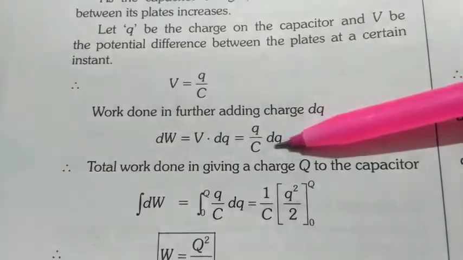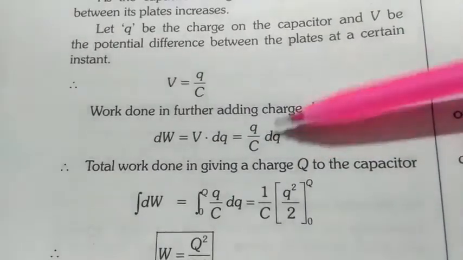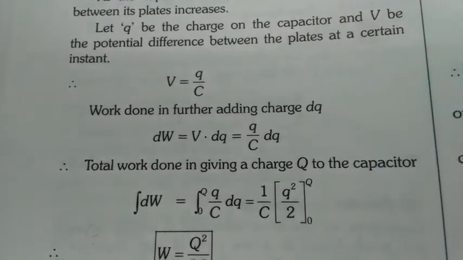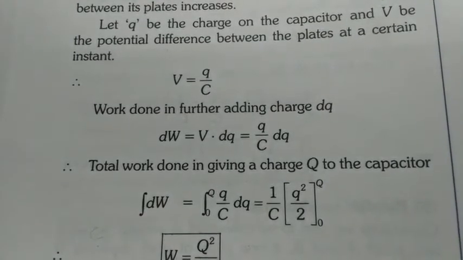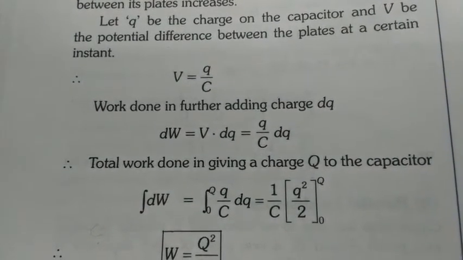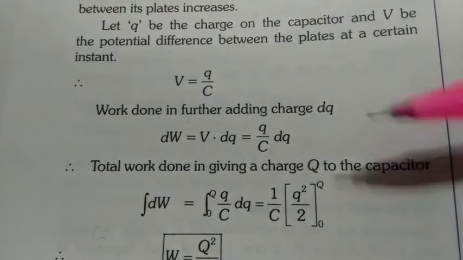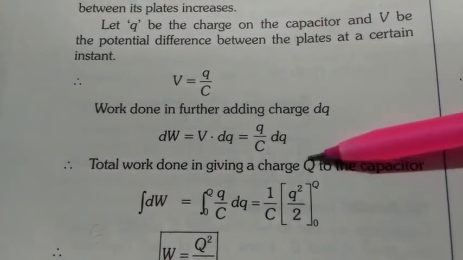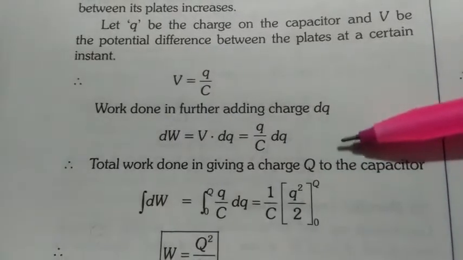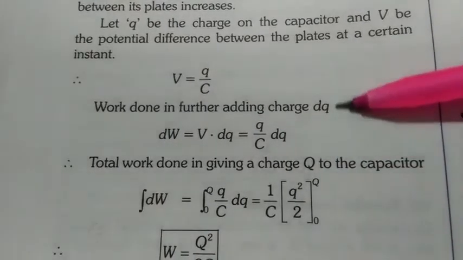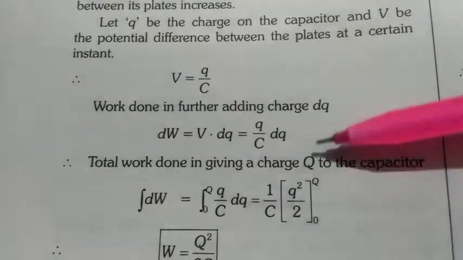Now suppose the plate is totally uncharged. That means the amount of charge is 0. And we have to charge the plate to Q. Okay, we have to give Q charge to the plate. Initially the charge is 0 and we have to give charge to the plate. How much charge?